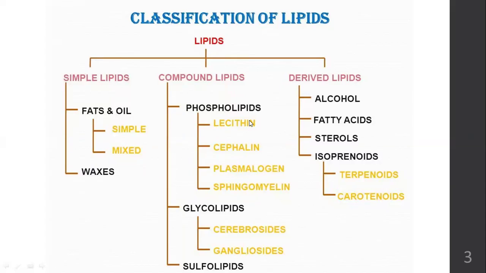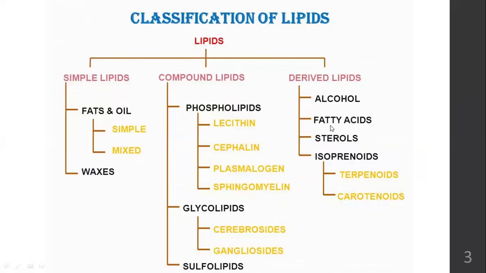Derived lipids, what does derived mean? They don't occur naturally. Certain chemical reactions have to take place so that you get these lipids as an end product or a byproduct. Alcohol is a derived lipid. All your fatty acids, long chain fatty acids and short chain fatty acids, are broken down, and that's when you get fatty acids.